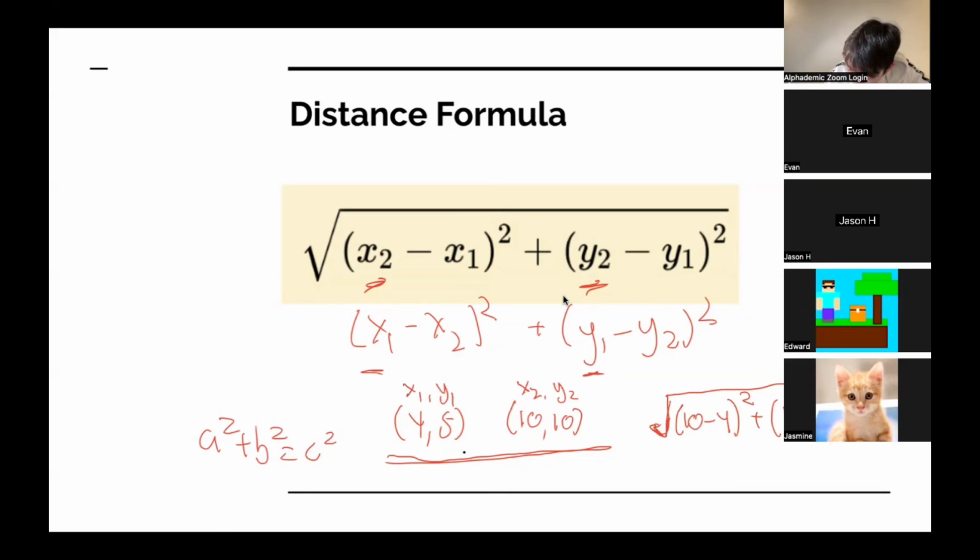So in this one, you would have 6 squared plus 5 squared, which would get you 36 plus 25, which would give you the square root of 61, or about 7.81. Great job to you guys who got it right.